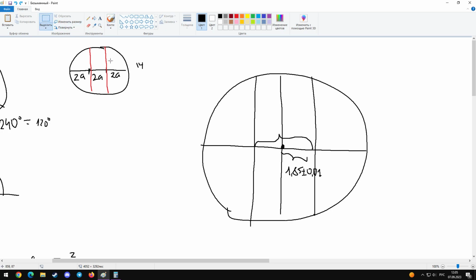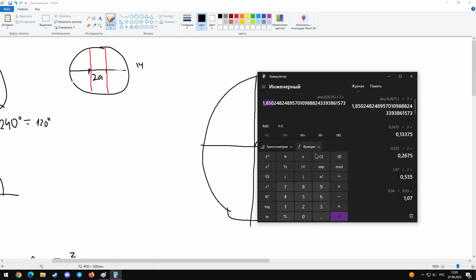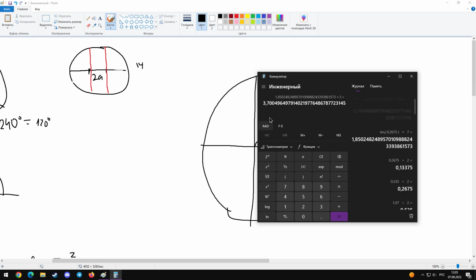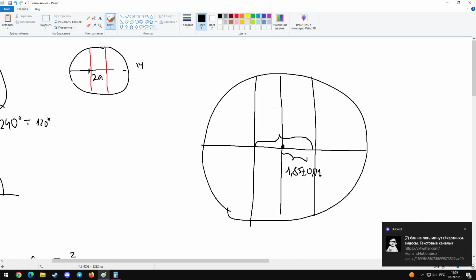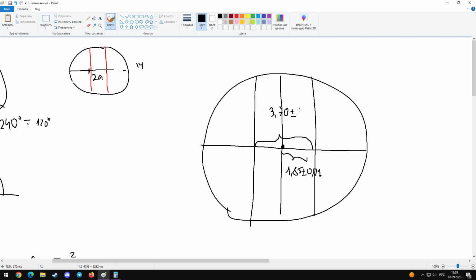Well, actually I messed up, it's not 2a, I'm sorry. They're different, they're not equal. If they would be equal, the areas wouldn't be equal. But 2a, let's multiply it by 2. 3.70 plus or minus 0.02.